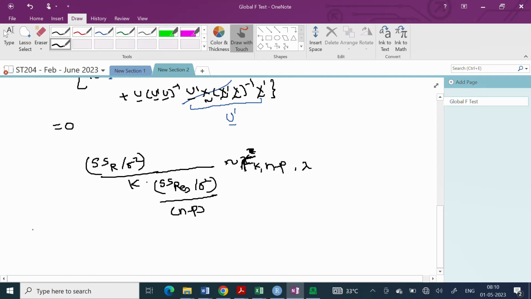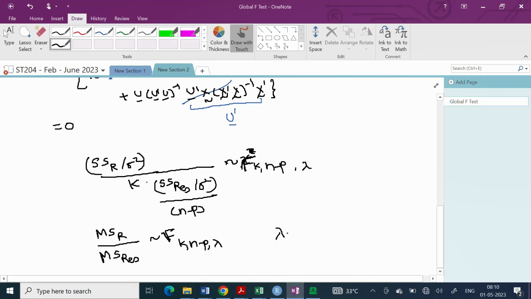Now we know SSR by k is our MSR, mean sum of squares due to regression. So I have MSR, sigma square from both the terms gets cancelled. MSR divided by MS residual will follow F with k comma n minus p comma lambda. Now what was our lambda?